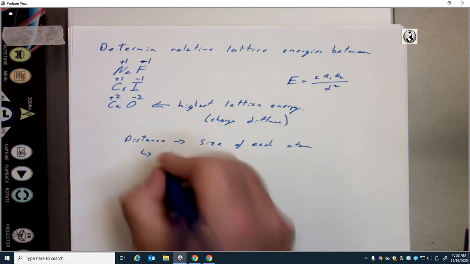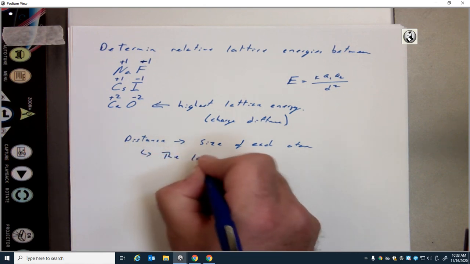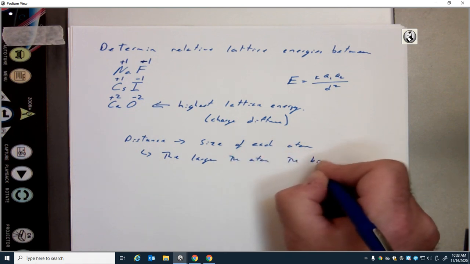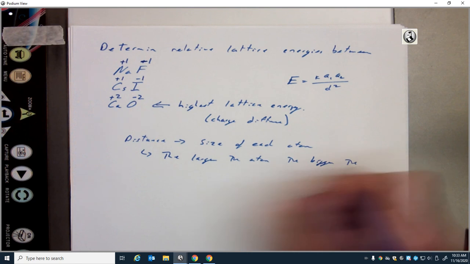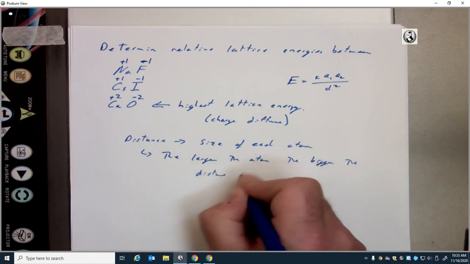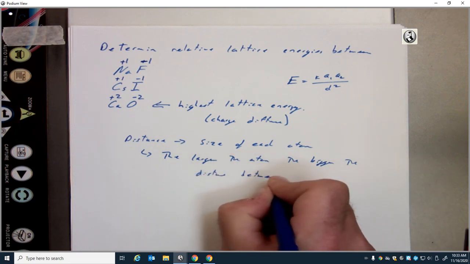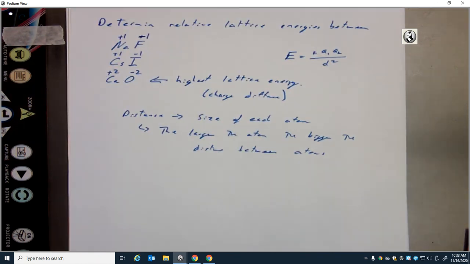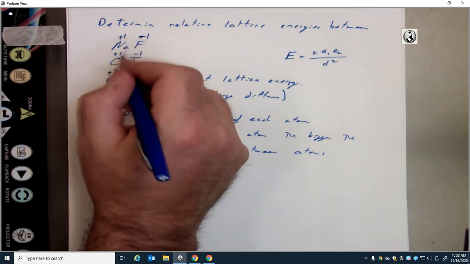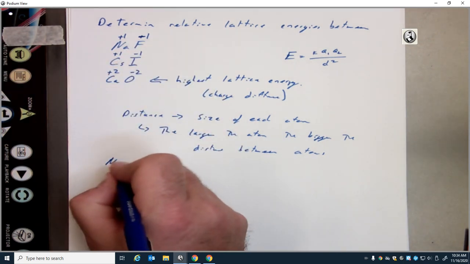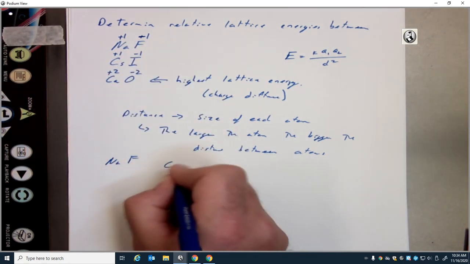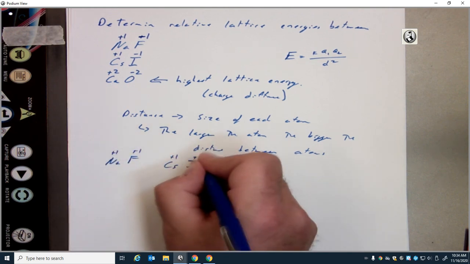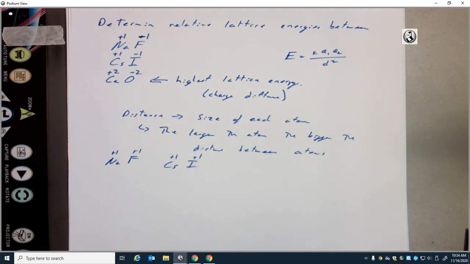The larger the atom, the bigger the distance between atoms. So we want to compare NaF and CsI, because they're both +1, we can't figure out by the charge which one has more lattice energy.